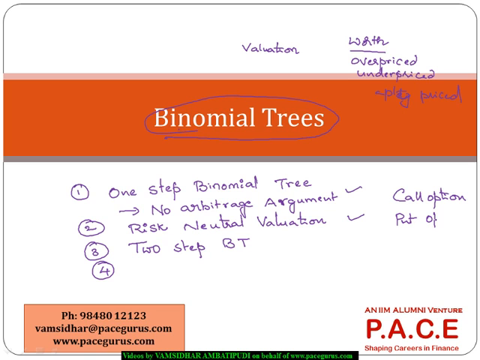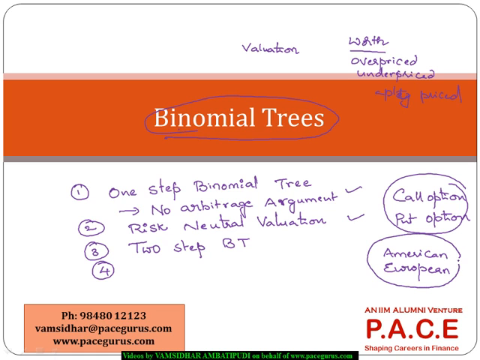And I would also be talking about how this tree would be constructed or used both for American options as well as European options. Even that would be considered a part of our valuation exercise.